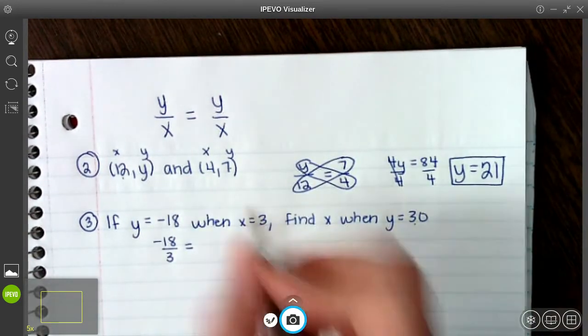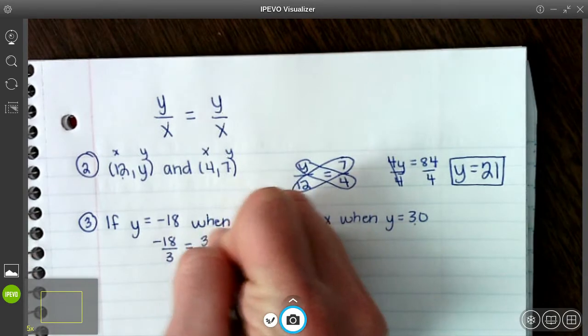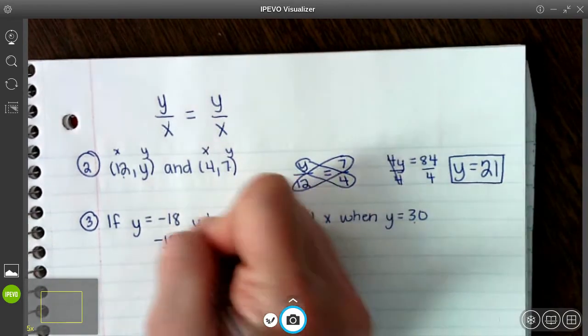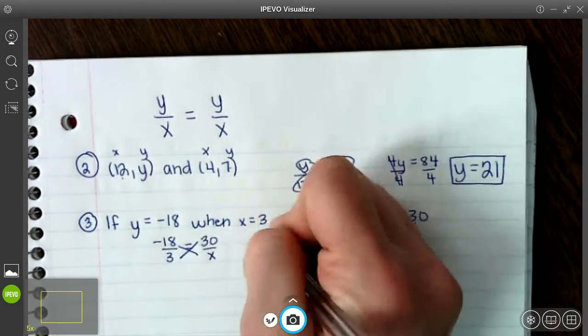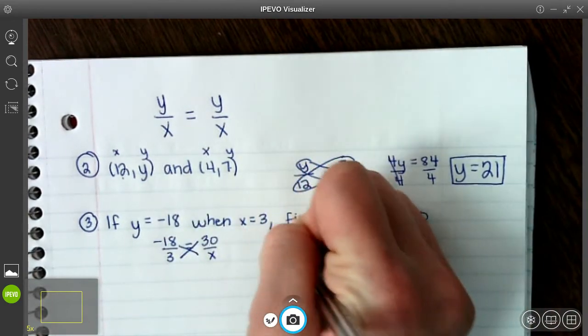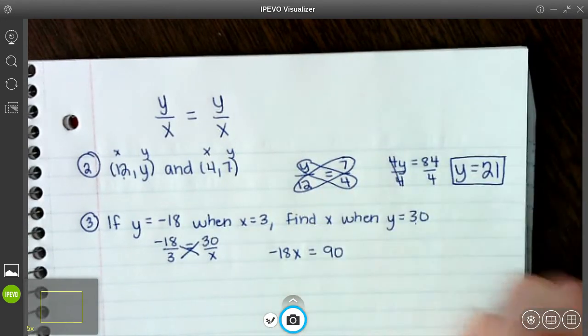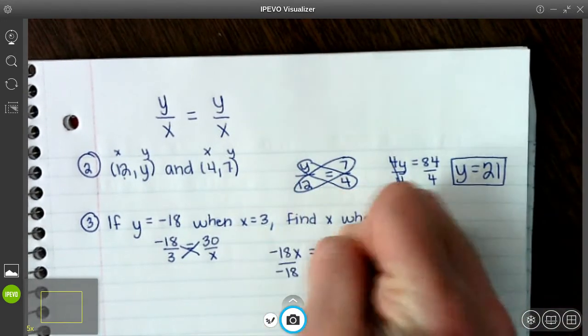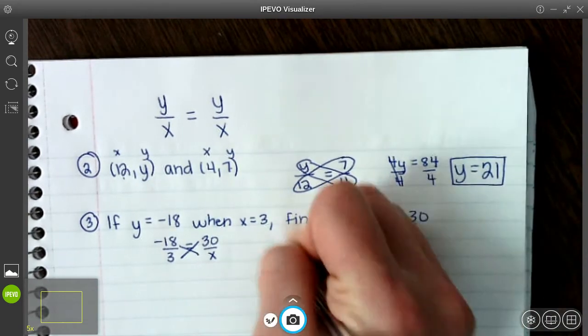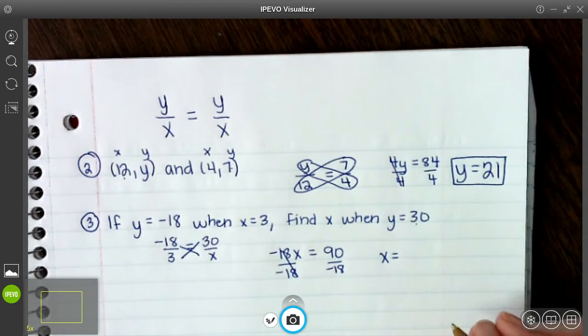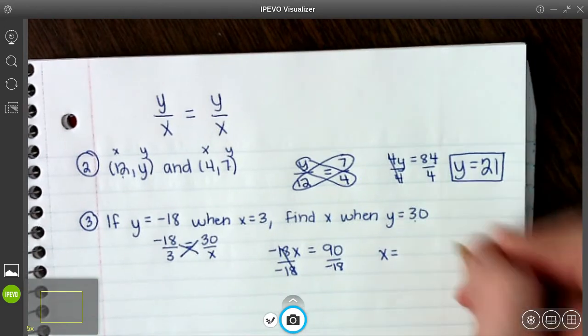So we're going to say 30 divided by x. So then we crisscross. So negative 18 times x is negative 18x. 3 times 30 is 90. Divide by negative 18. What's 90 divided by negative 18? Negative 5.